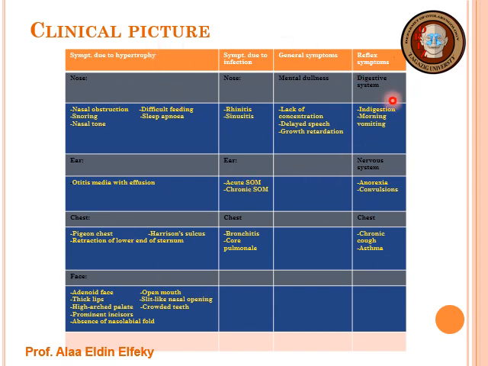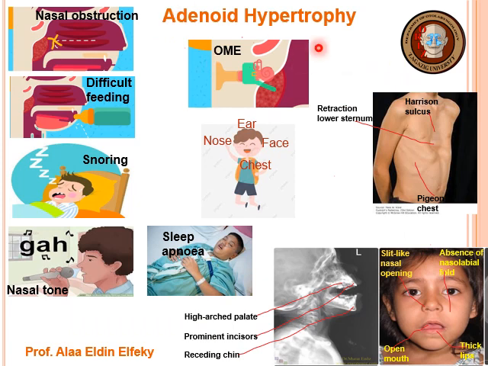The clinical picture in this table is summarized as symptoms due to hypertrophy, symptoms due to infection, general symptoms, and reflex symptoms. First, we have adenoid hypertrophy symptoms, symptoms due to enlarged size of the adenoid.